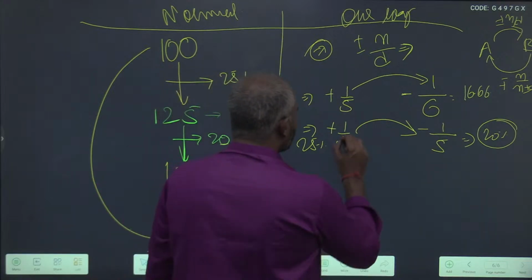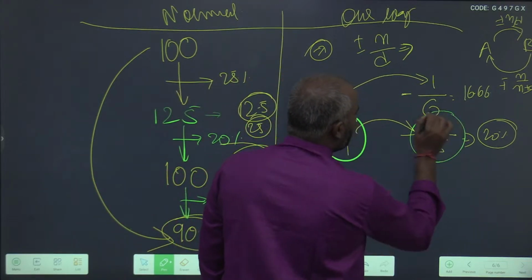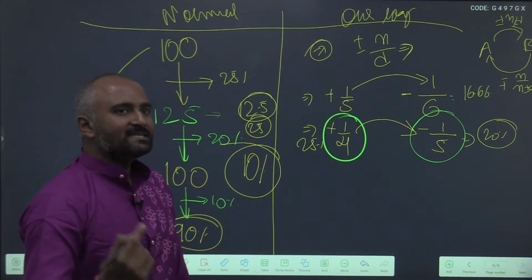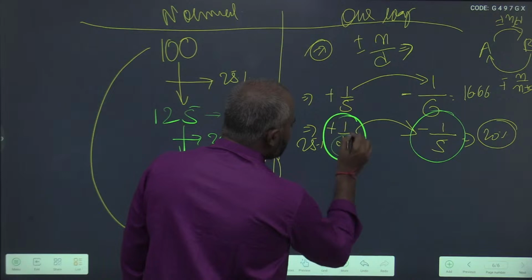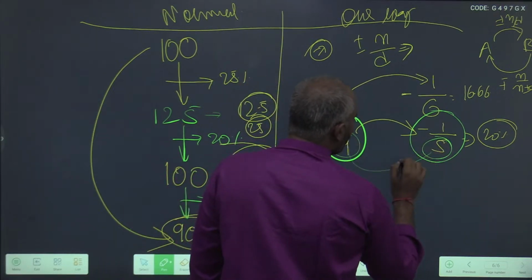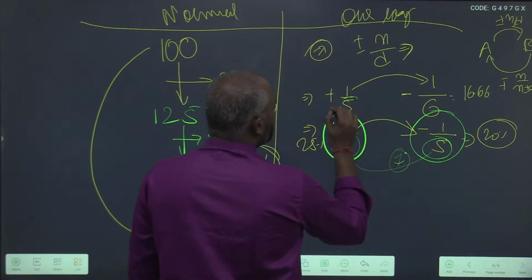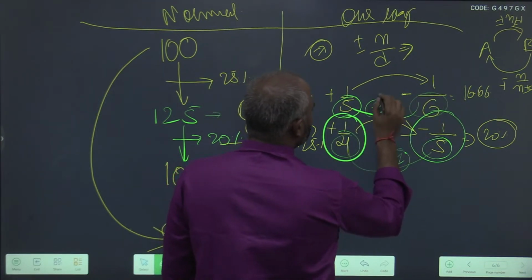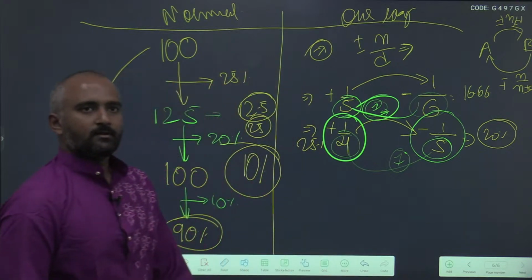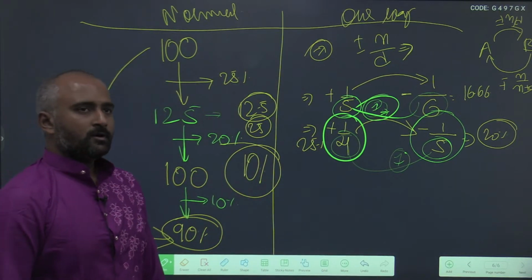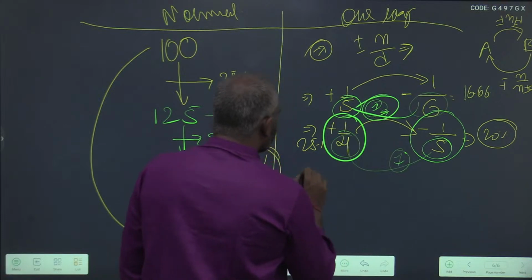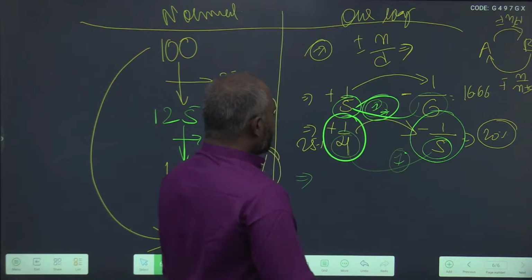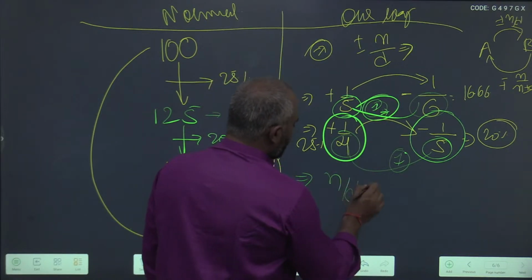My suggestion to you is, whenever you see the fractional equivalence of a percentage whose denominator is varying by 1, even in this case it is varying by 1, this should remind you that you can apply the n by d rule.